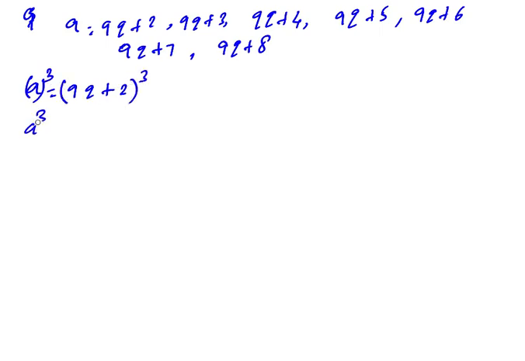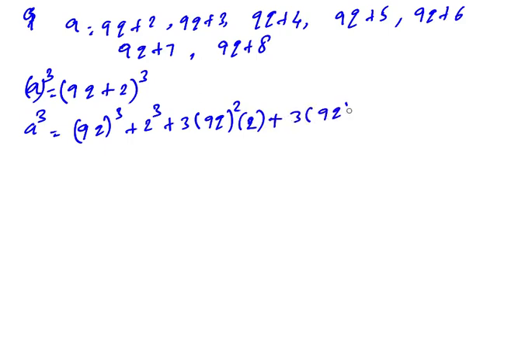So a cube equal to a cube plus b cube plus 3a square b plus 3a b square. First we'll write a cube, 9q the whole cube plus 2 cube plus 3 into a square b plus 3a b square. Which are having 9? This term, this term, this term.